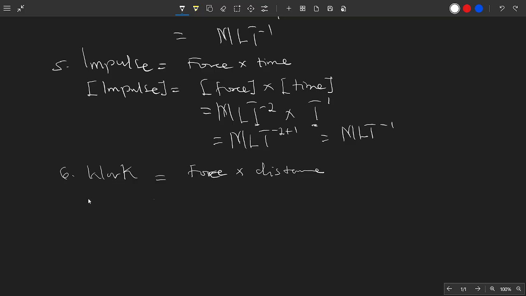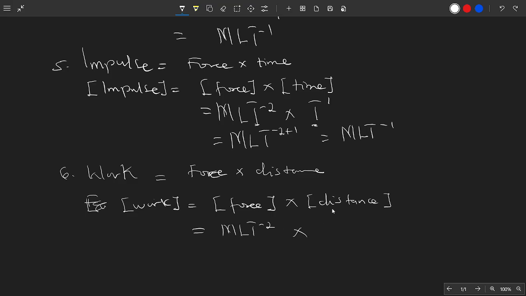So it means that the dimension of work will be equal to the dimension of force times the dimension of what? Distance. And we know the dimension of force to be what? M L T negative 2 times distance.